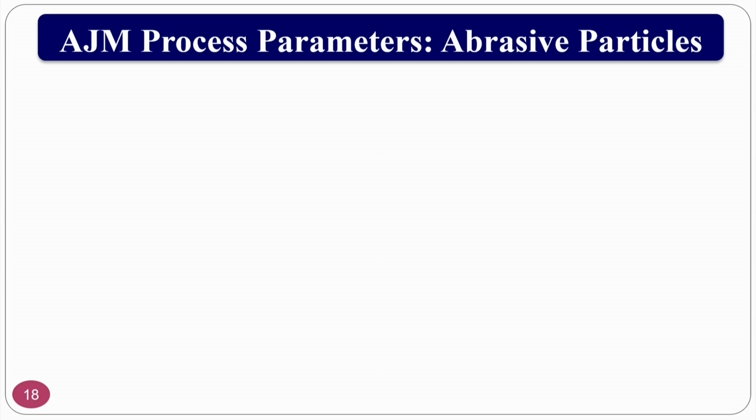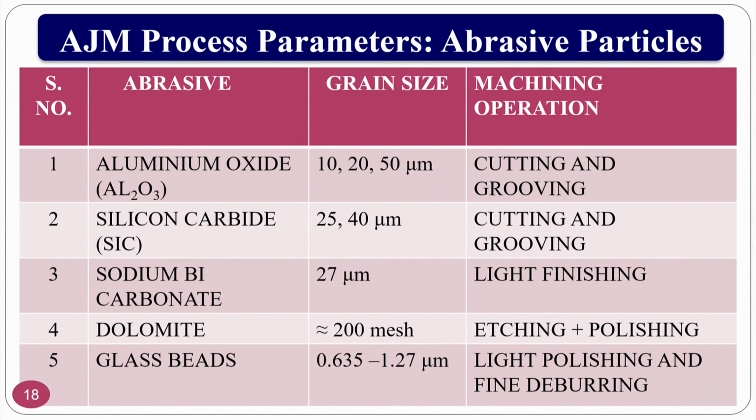The second thing to note down is that the commonly used abrasives are aluminum oxide, Al2O3, silicon carbide, sodium bicarbonate, dolomite and glass beads. Different particle sizes are also mentioned here.